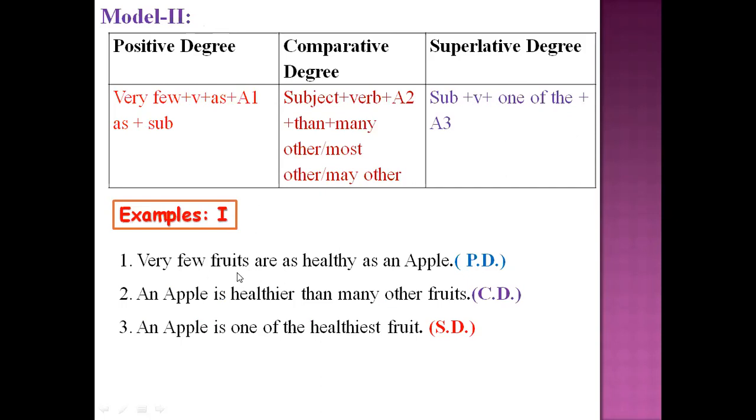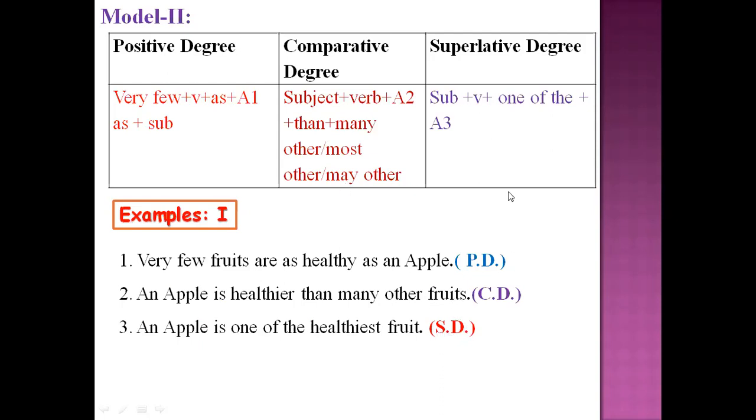Very few fruits are as healthy as an apple. This sentence is in positive degree. Now, how do we change the same sentence into comparative and also superlative degree? An apple is healthier than many other, or than most other, or than any other fruits.